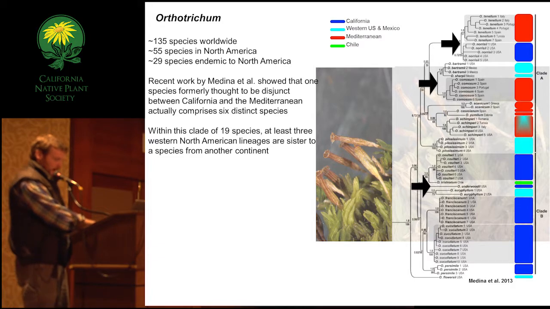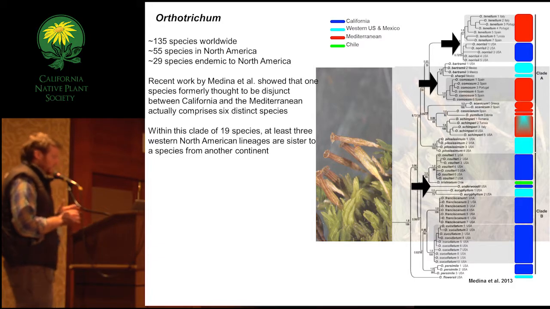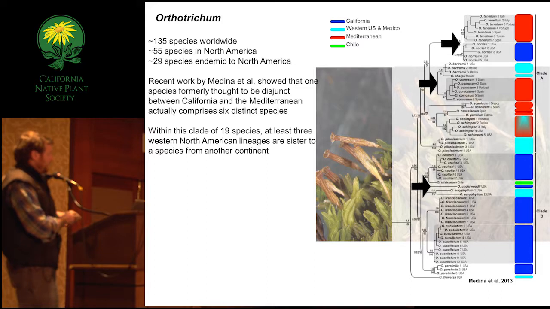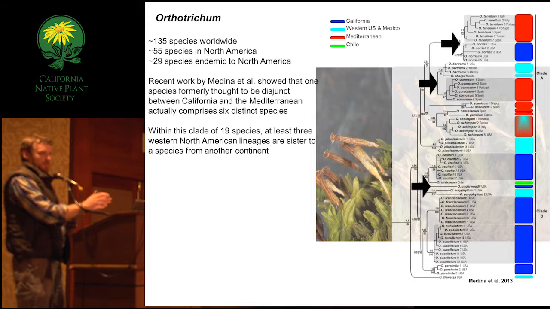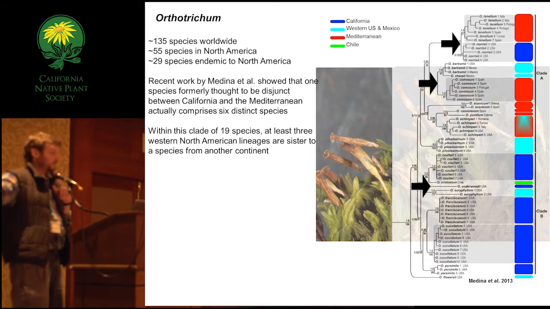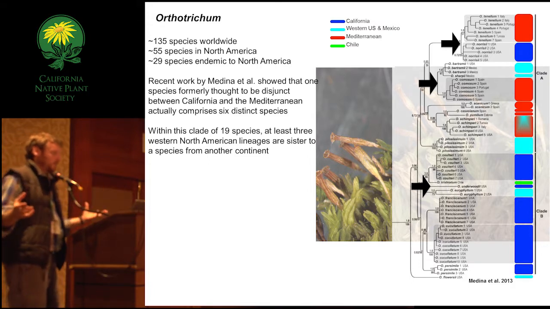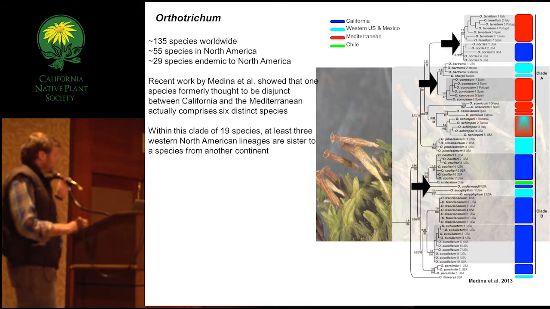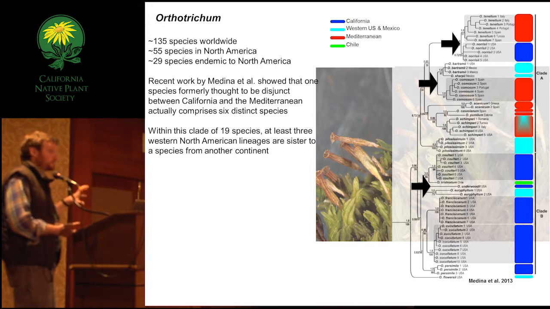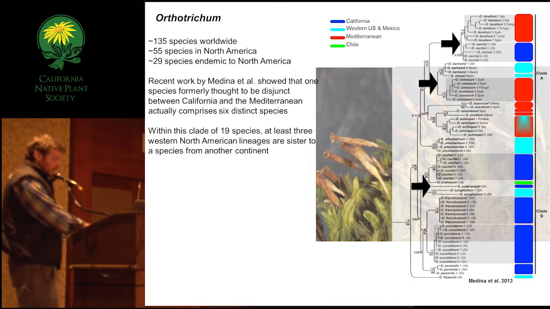What he found was that within this clade of 19 species, there are at least 3 instances where, just look at this top one up here, you have a Mediterranean species sister to a Californian species. In this case, it's very clear that one species probably already existed, and then you have a long distance dispersal event to another continent, and now you have 2 sister species on different continents. So within this little clade of only 20 species, you have at least 3 really nice cases of that.